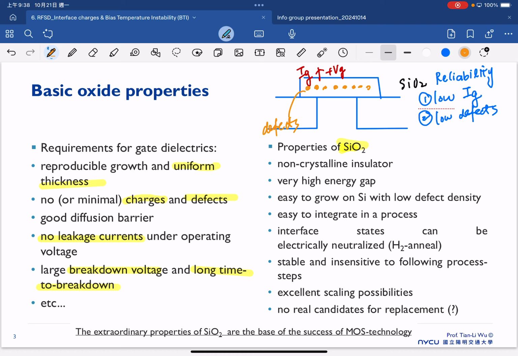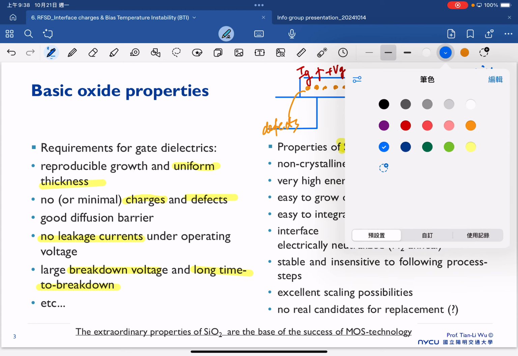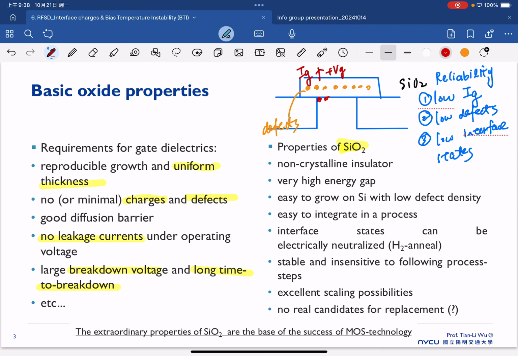And the last one is we want to have very low interface state. The interface state is related to certain defects in the interface, and because these defects in the interface become a low energy state that electrons can possibly flow into and be trapped in, that's why we call this an interface state.